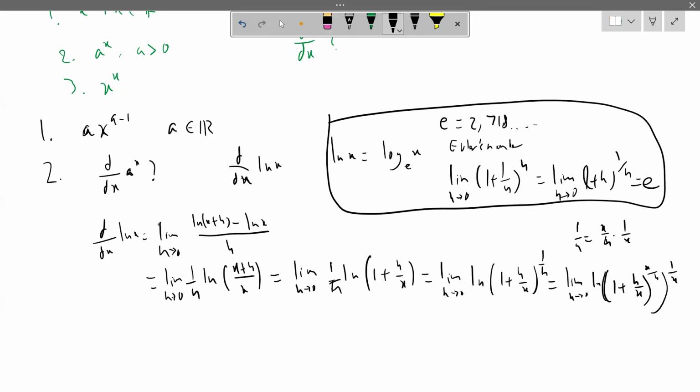So it looks like it's swapping places. What we are actually doing here is the natural logarithm of the limit of 1 plus h over x to the power of x over h, all raised to the power of 1 over x.